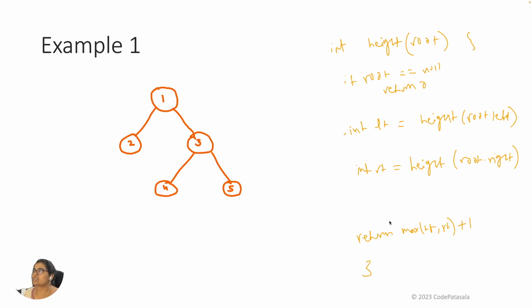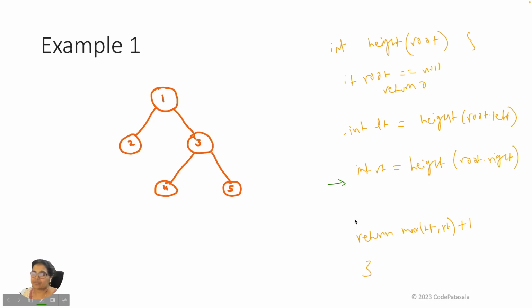So what we will do is, instead of just returning the height, while computing the height we will also figure out if the binary tree is balanced or not. At this point, we have the height of the left and right subtrees.